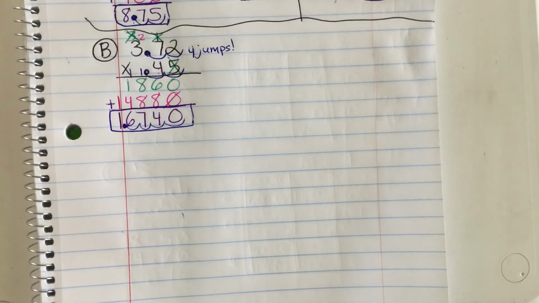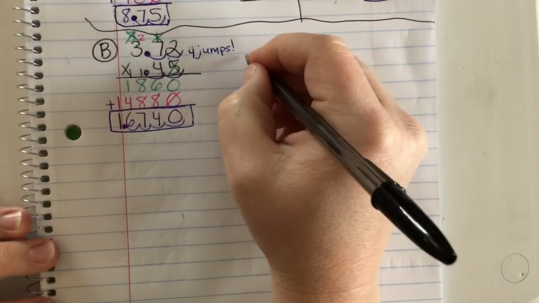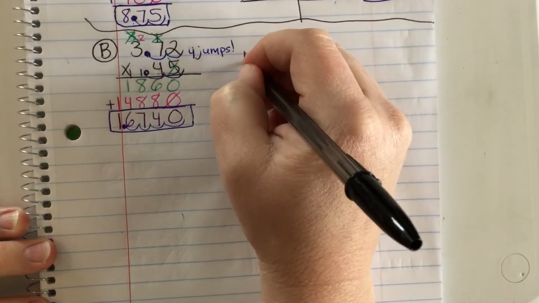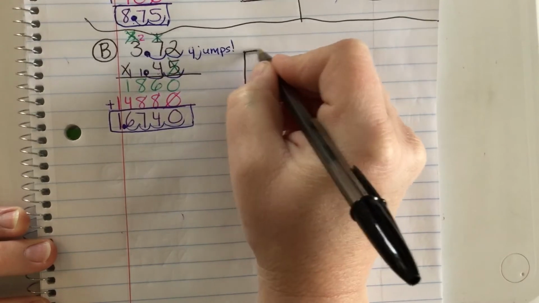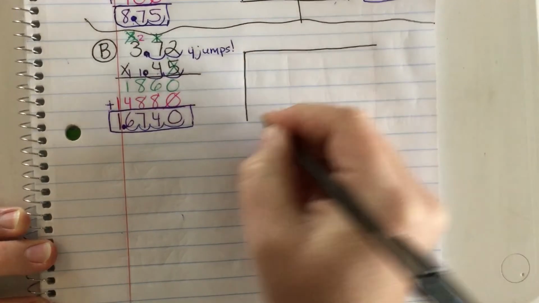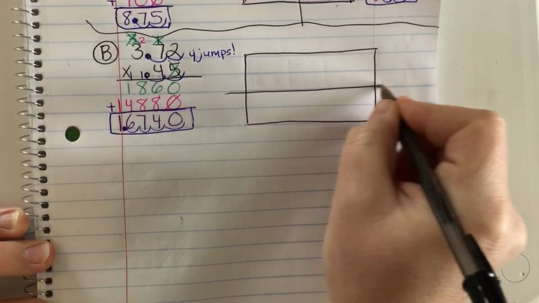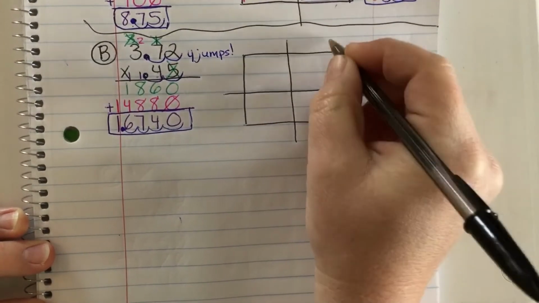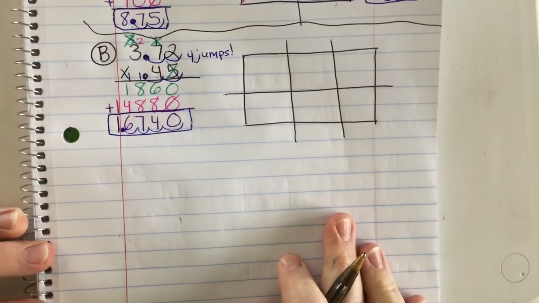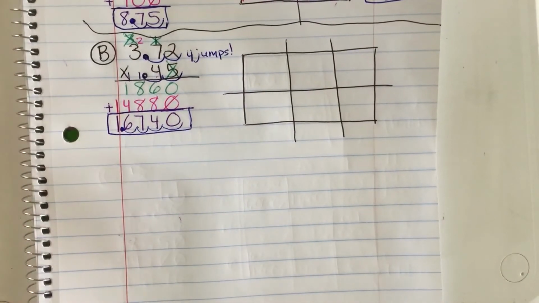Okay, let's give our area model a try. All right. Again, we're going to pretend that these are whole numbers until the very end.